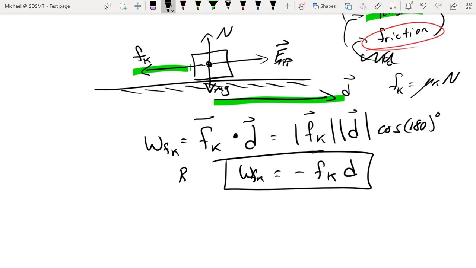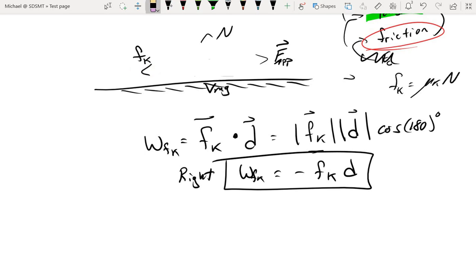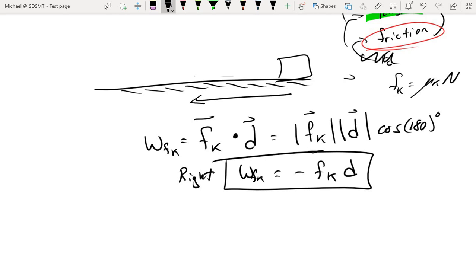Okay, so that's moving to the right. What's going to happen if I start moving the block to the left? So now let's assume that the block is over on the far right side somewhere. So we've displaced a distance of d, but now we need to take the block back.